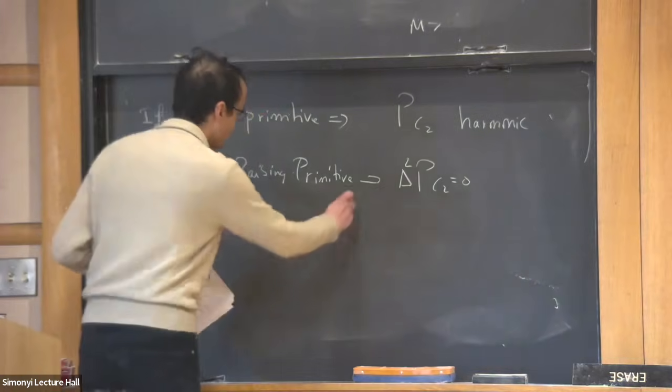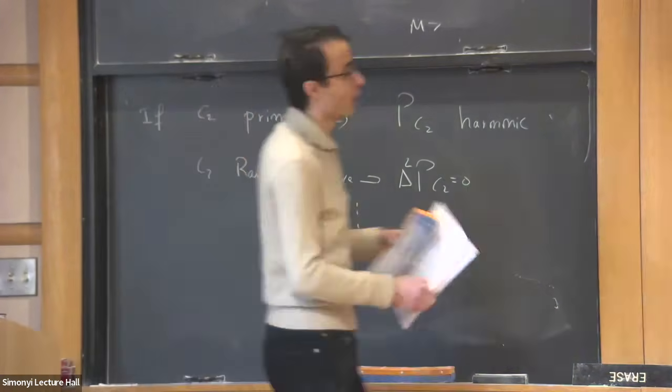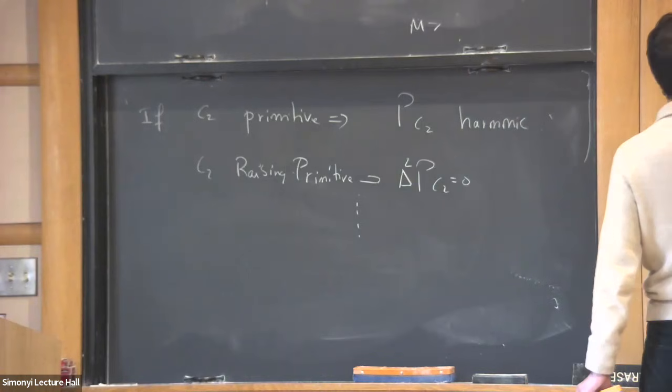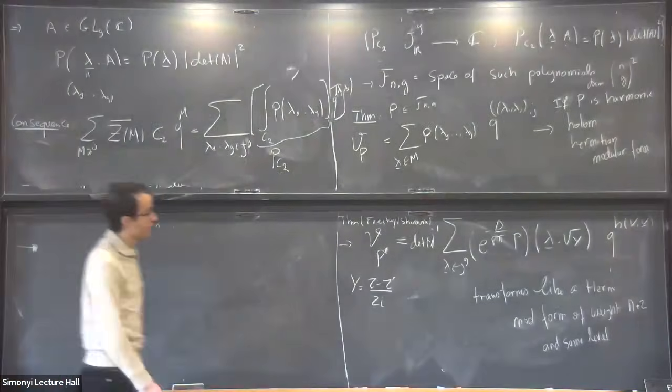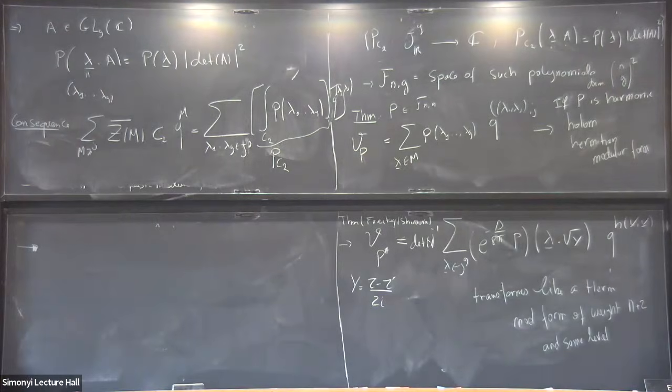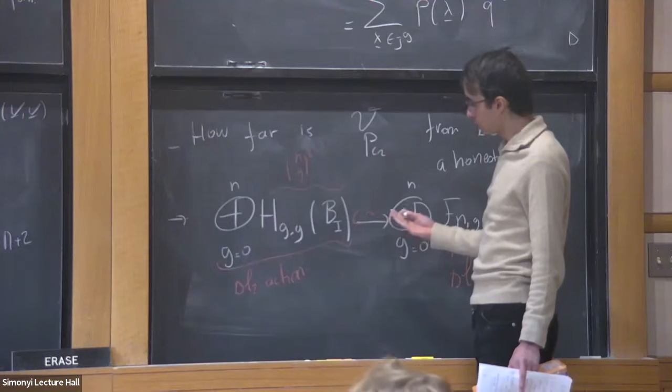Yeah. I guess this thing continues, but for the sake of time, let me just say the final punchline here is that this map was really defined using special cycles.